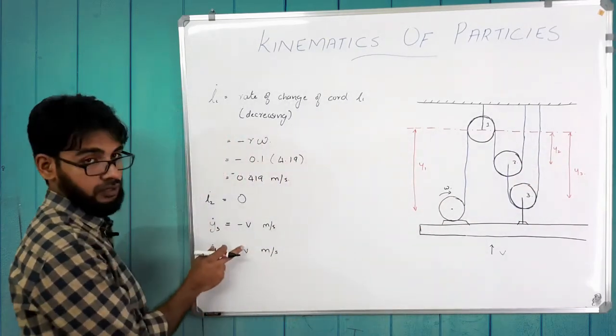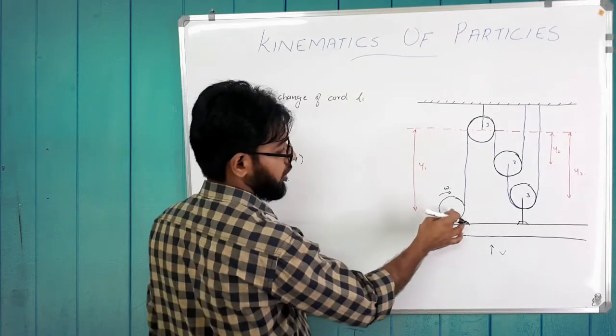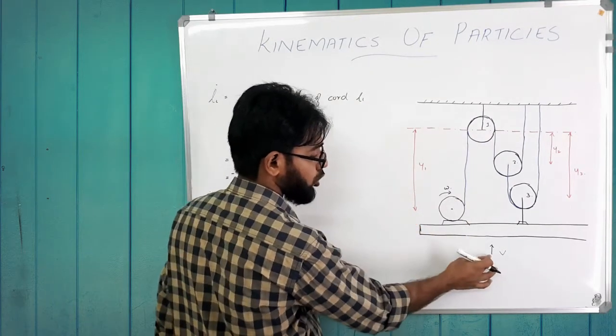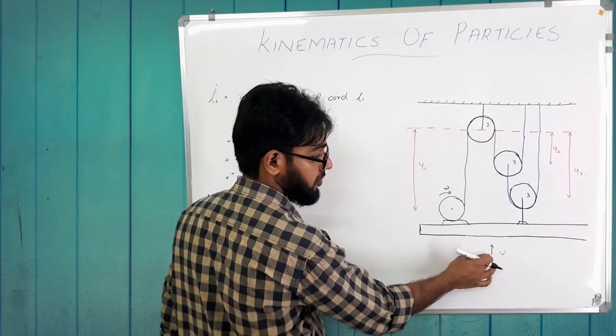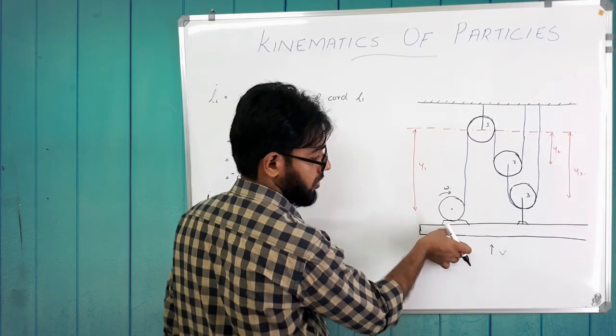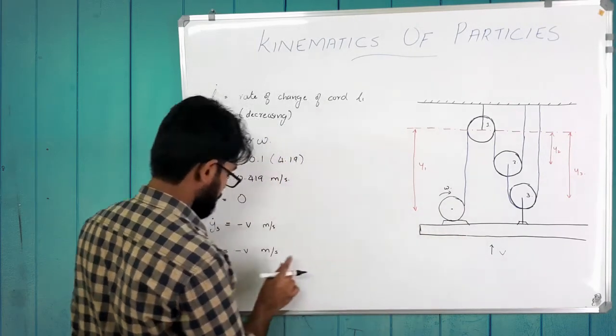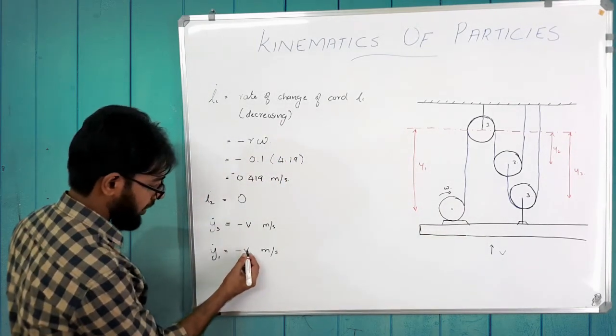Similarly here, due to the rotation of this drum, y1 dot will be equal to the velocity of the platform, not this one, but the velocity of the platform here. So this is equal to minus v.